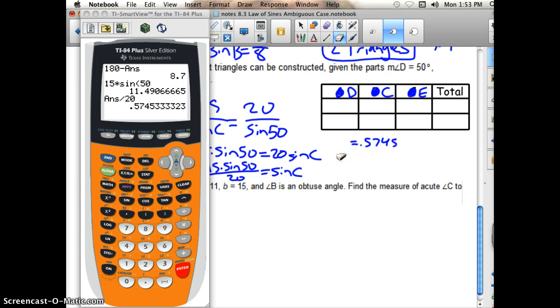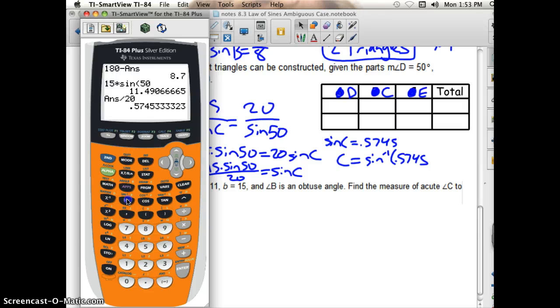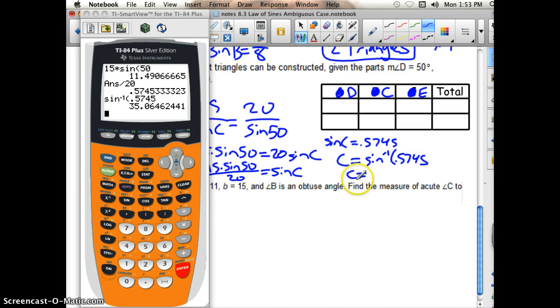Therefore, C equals the arcsine of that. The arcsine of 0.5745, one of my possible answers for C, is 35.1, we'll say.